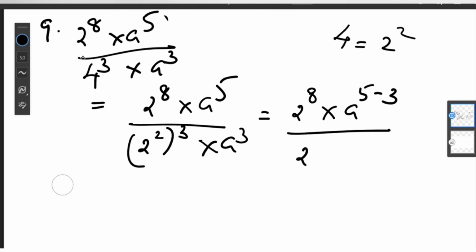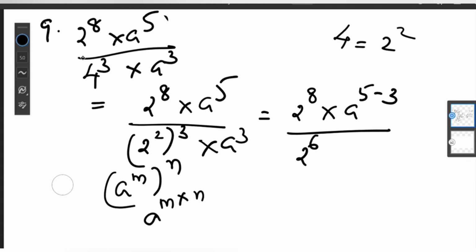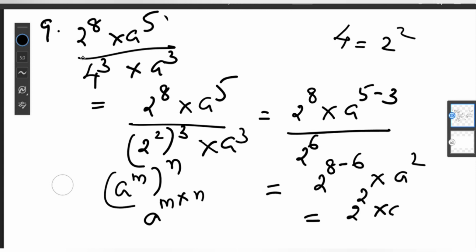That is 2 to the power of 8 into a to the power of 5 minus 3 by 2 to the power of 2, that is a raised to m into n. What is that? A raised to m into n. So 2 raised to 6, 2 into 3, that is 6. It is equal to 2 to the power of 8 minus 6 into a to the power of 2, is equal to 2 to the power of 2, square, into a square.